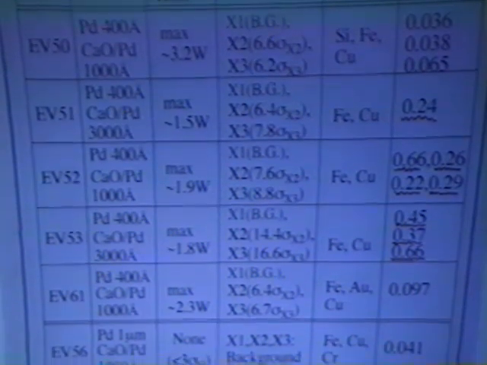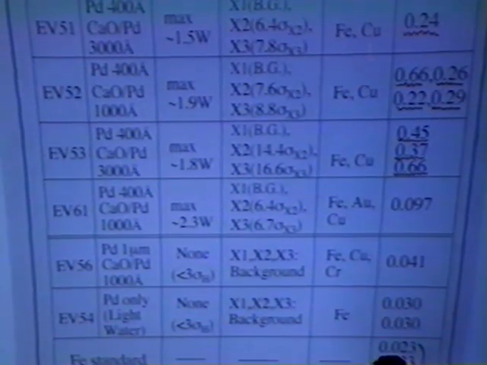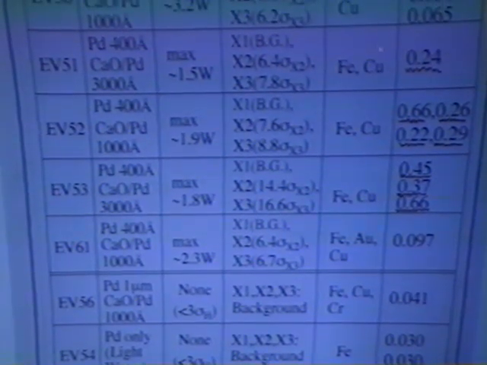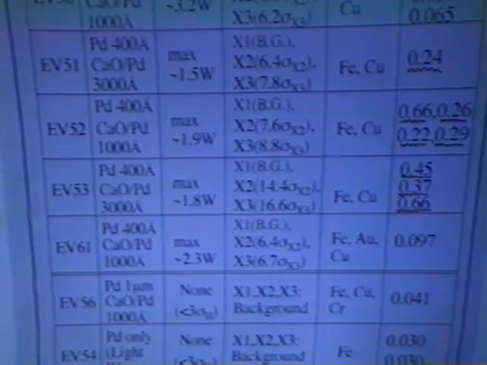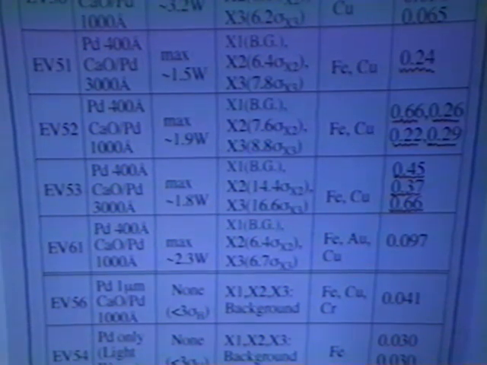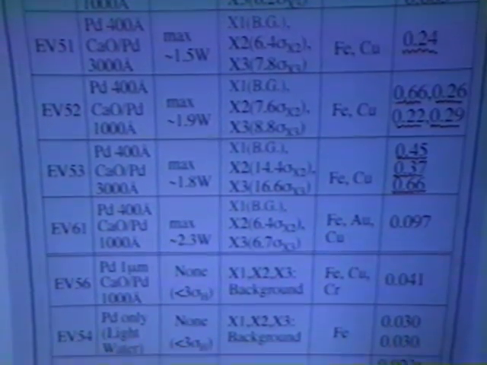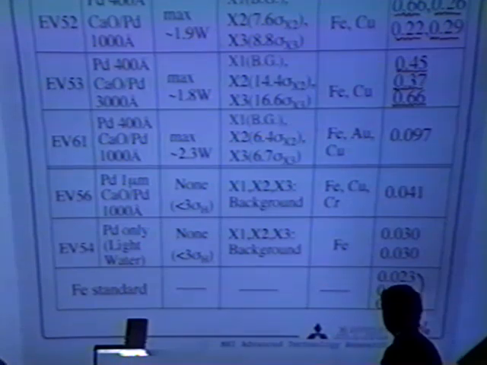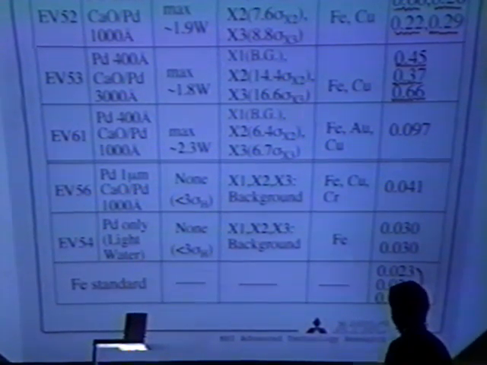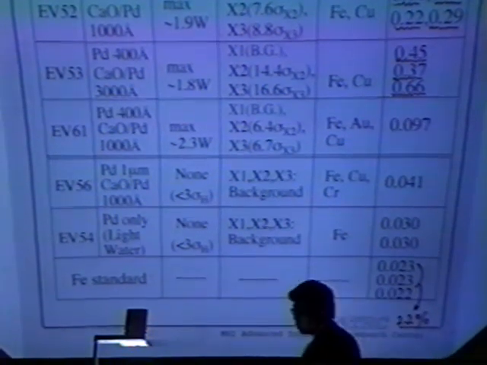We analyzed by EPMA. But silicon or iron and copper are high concentration impurities in the electrolyte, so we cannot distinguish between contamination and nuclear products. So we applied the SIMS analysis to the items, and we get this data.